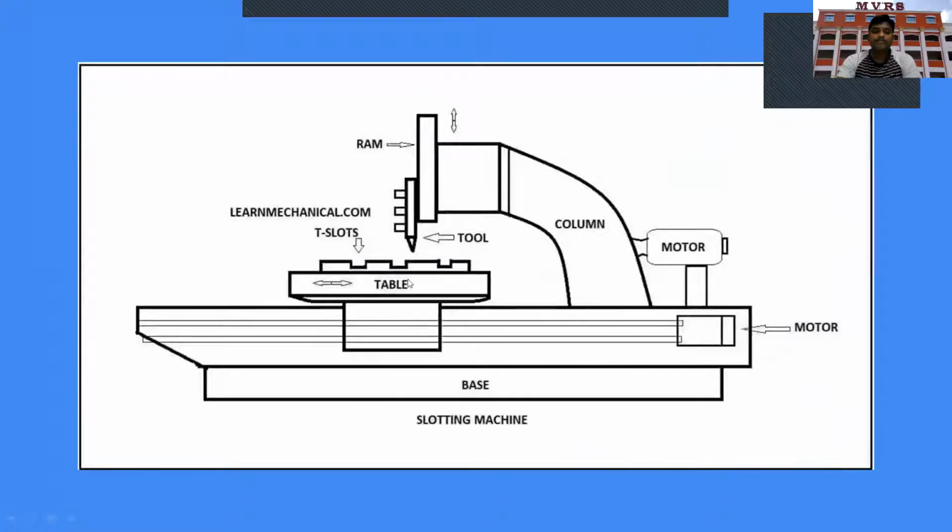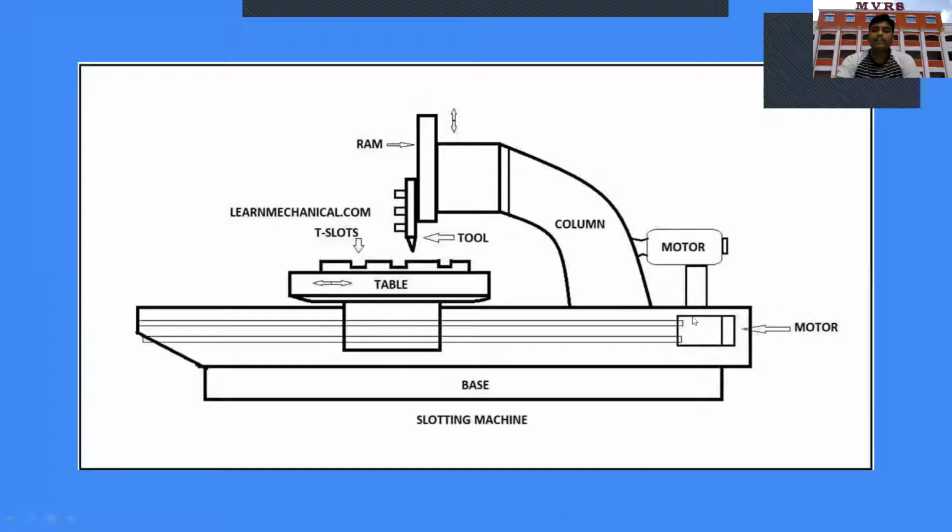This one is the table, and this part is the column, and to this column this ram is attached, and to this ram this tool is attached, and on this table we are going to keep the workpiece on which the operation has to be done.